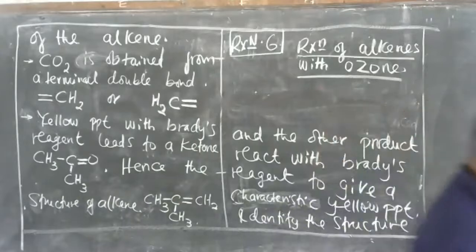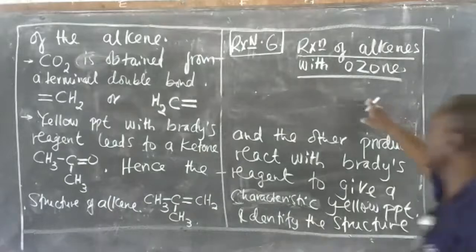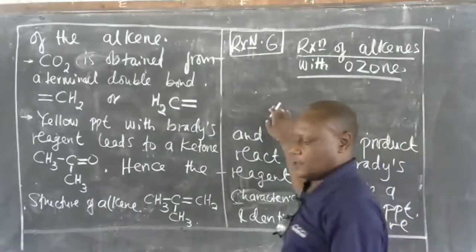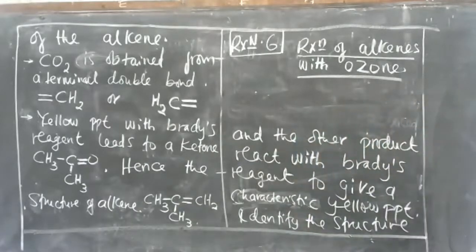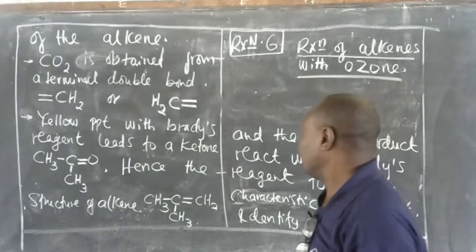So we first react ozone with a polar solvent, which is what? Carbon tetrachloride, to give us the ozonide. But the ozonide is not stable.